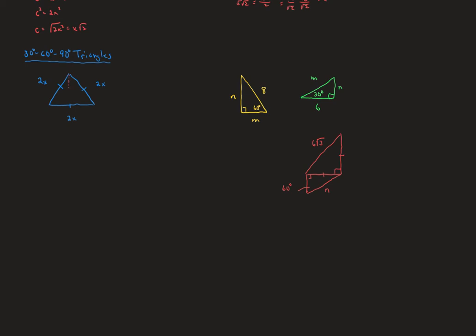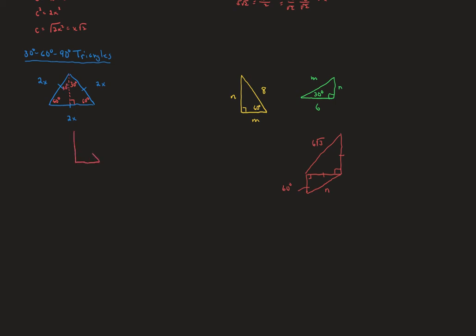If we drop a perpendicular down to the opposite side, then that splits the one original equilateral triangle into two congruent 30, 60, 90s. An equilateral triangle is also equiangular, so we know these are 60 degrees. Dropping in that perpendicular is going to divide these into two 30-degree angles.